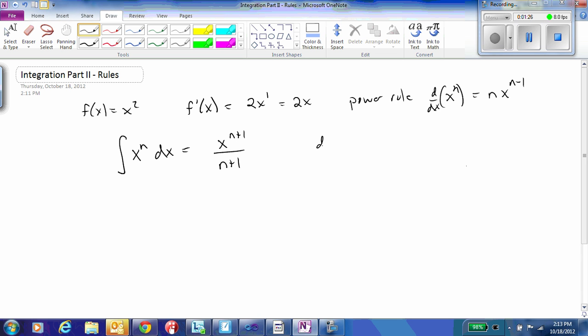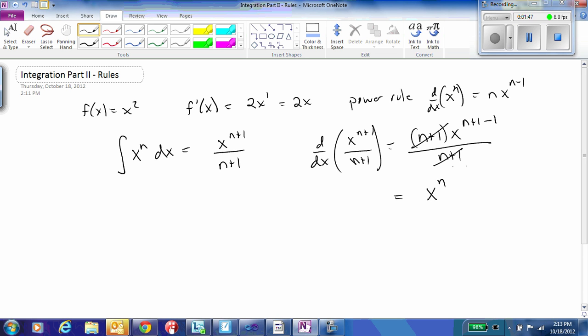Because the derivative of x to the n plus 1 over n plus 1 is equal to n plus 1 times x to the n plus 1 minus 1 all over n plus 1 from the original statement. You'll notice that these cancel out and I'm left with x to the n.